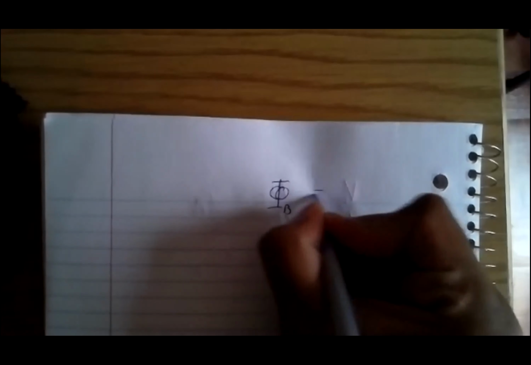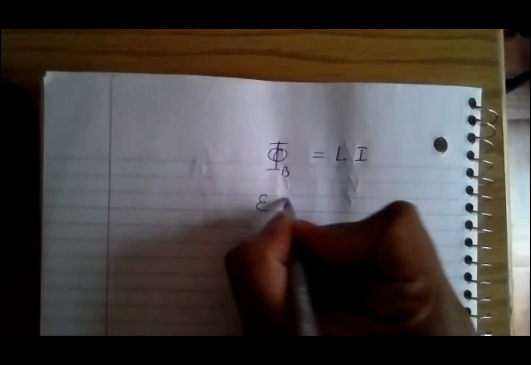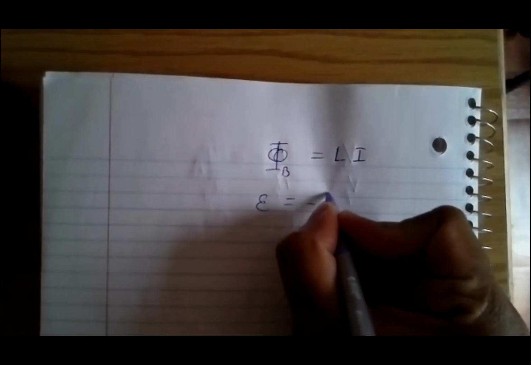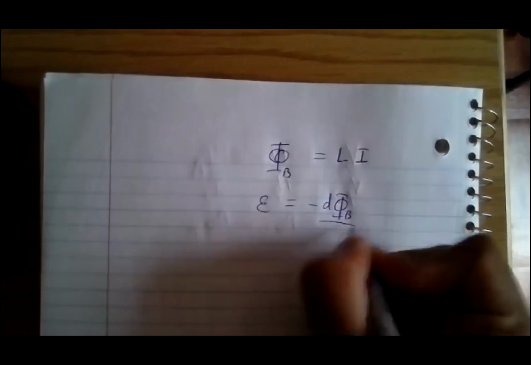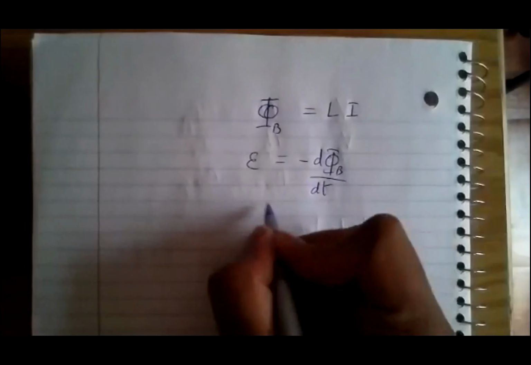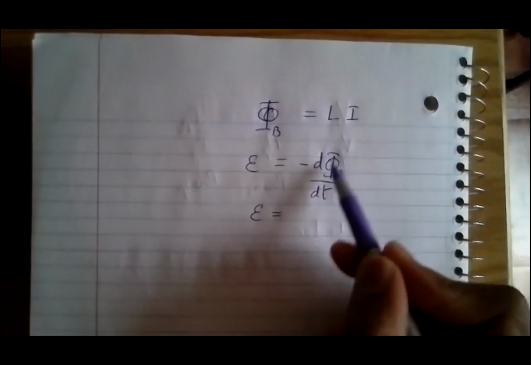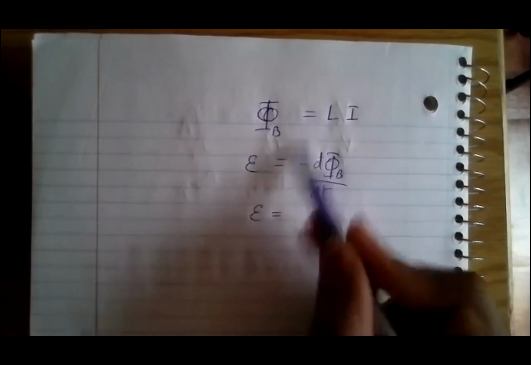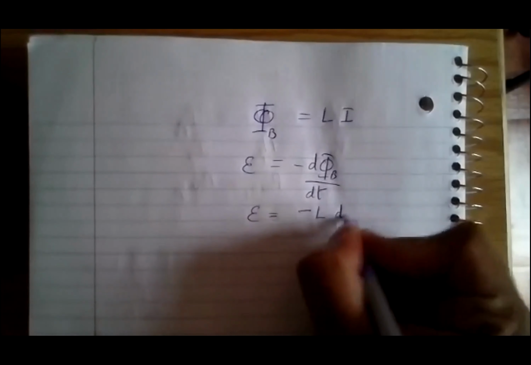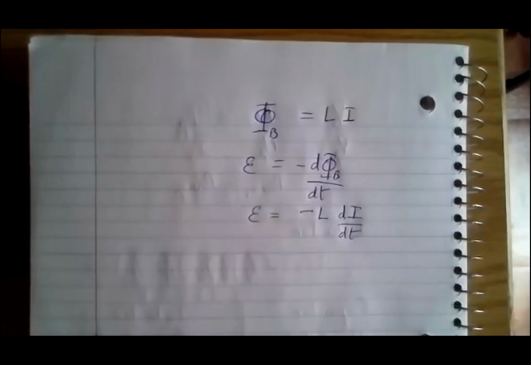An inductor is, well, since it's related to rate of change of current, what we end up seeing, okay, I'll just switch over to another page. So we have phi b is equal to Li, but we know that EMF is minus d phi b dt, and so that becomes, because L is purely geometrical, it doesn't change with time, and so we can pull that out, minus L di over dt.